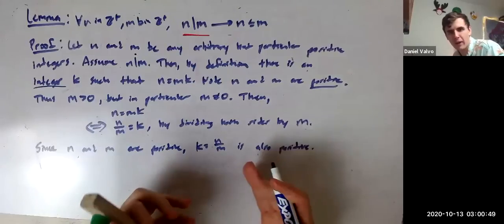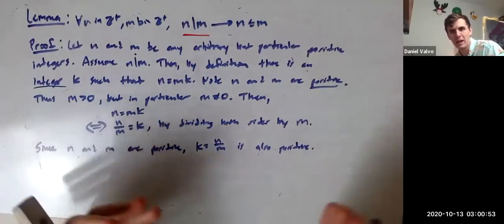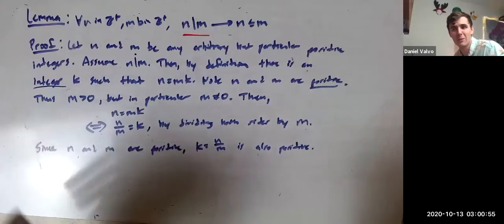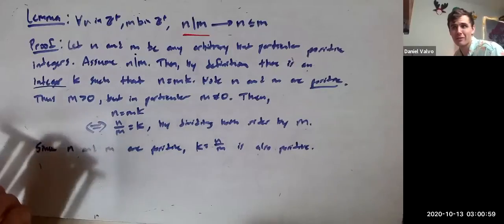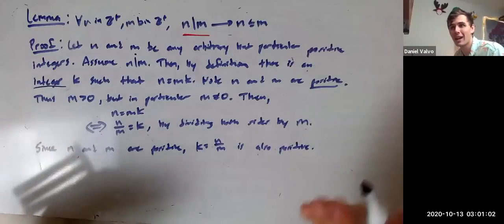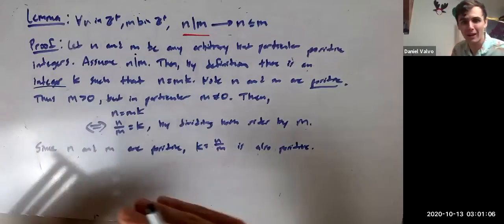And that's just a math fact, an integer fact you're allowed to know. If you divide a positive by a positive, you get a positive. Negative divided by negative is positive, but negative divided by positive or positive divided by negative are all negative.